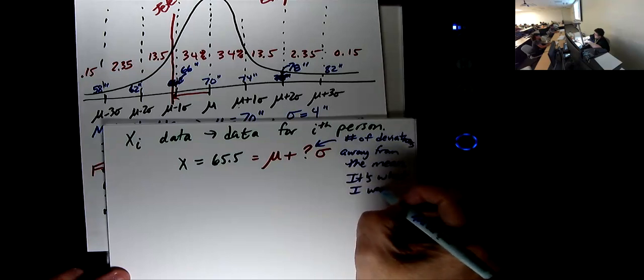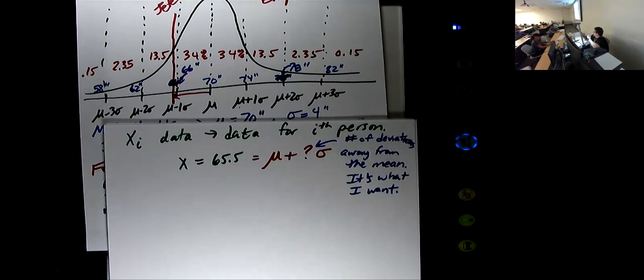If I can find mine and I can find Ariel's, then I know, in terms of each of our own graphs, just how far away we both are from our respective means. And then I can get a feel for who's shorter relative to their gender. We call this the Z-score.